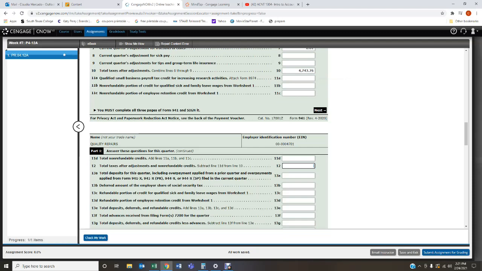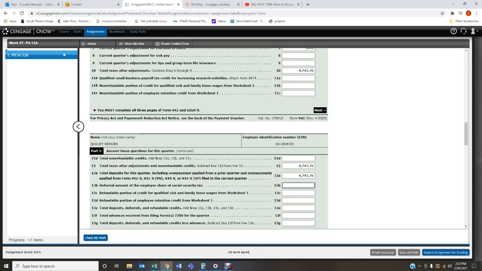So we're going to get 4743.76. Line 13A, total deposits for the quarter. This includes overpayments applied from a prior quarter and overpayments applied to the different filed forms. So the amount of my total deposits was $4743.76. Okay, that is what was actually deposited. And we've got those 3 deposit slips to prove that.